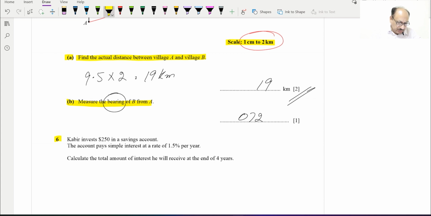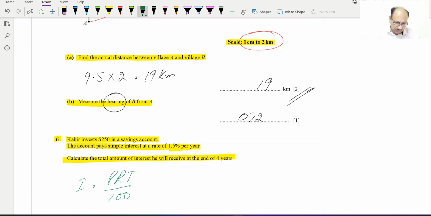Then question number 6, Kabir invests $250 in a savings account. The account pays simple interest at a rate of 1.5% per year. Calculate the total amount of interest he will receive at the end of 4 years. So the formula is PRT over 100. Interest is equal to PRT over 100.